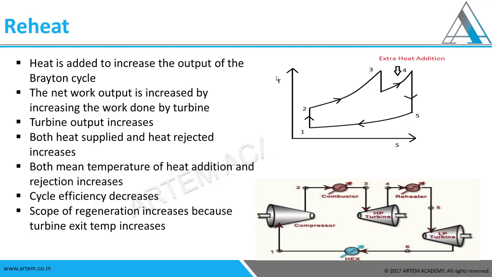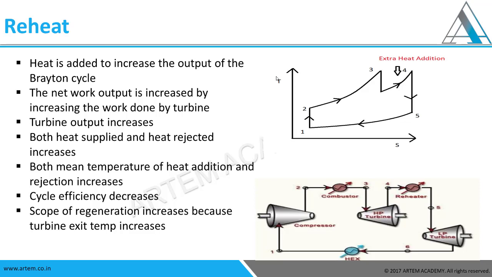The main idea behind it is that more heat is added, so more work output would come. Heat is added to increase the output of the Brayton cycle. We can see in the process that extra heat addition is taking place. The net work output is increased by increasing the work done by the turbine. The turbine output increases.